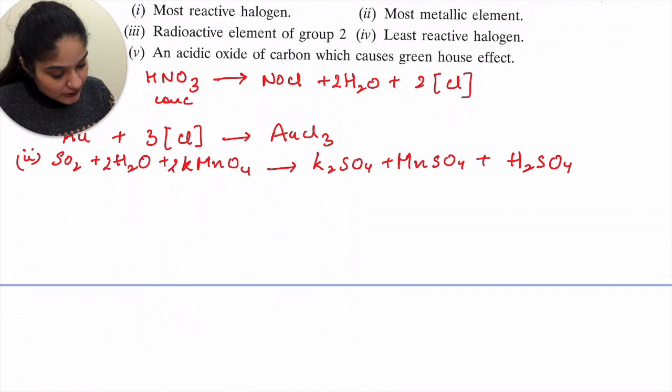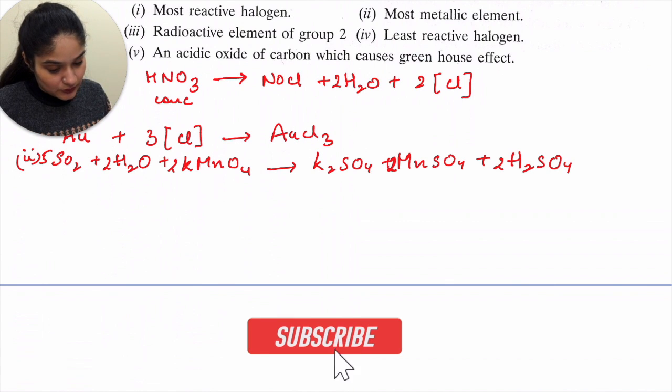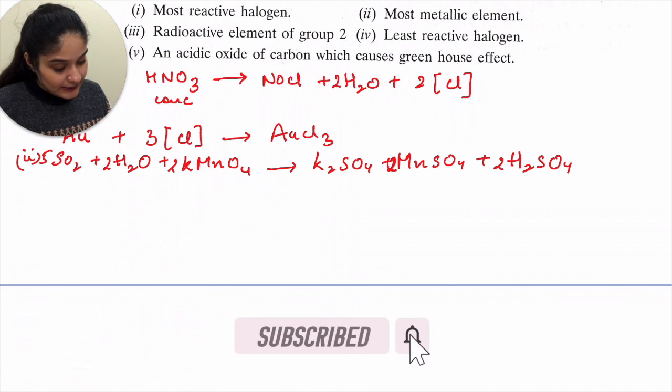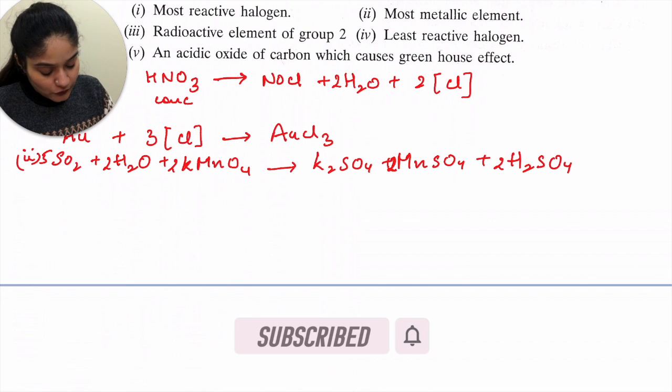Then on this side you will have twice of MnSO4 plus twice of H2SO4, and then 5 SO2. Let's quickly compare if both the sides look correct. And that's it. So this is your balancing for the second part.